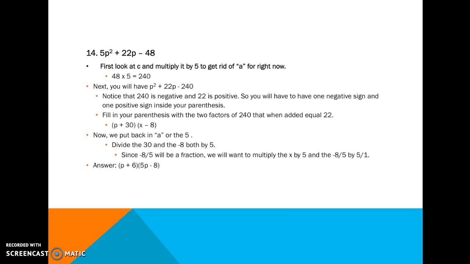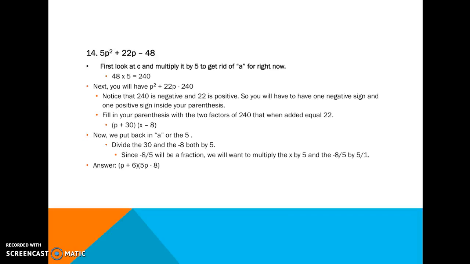We also notice that our 240 is negative and our 22 is positive, so we're going to have one negative sign in one of our parentheses and one positive sign in the other. Running through the factors of 240, the factors that when multiplied together equal 240 and when added together equal 22 are positive 30 and negative 8.